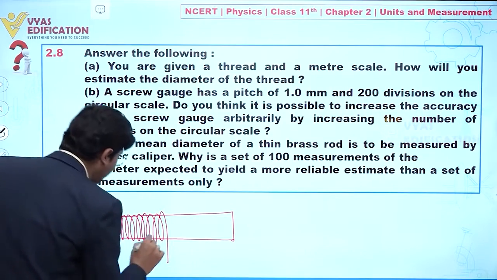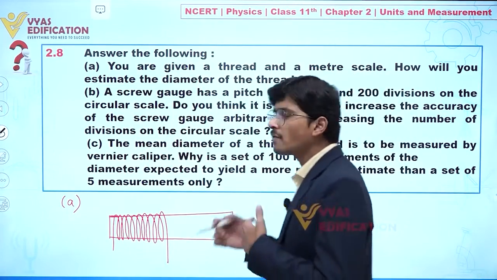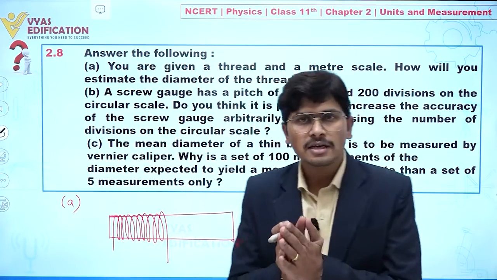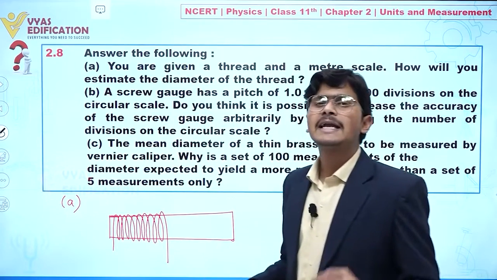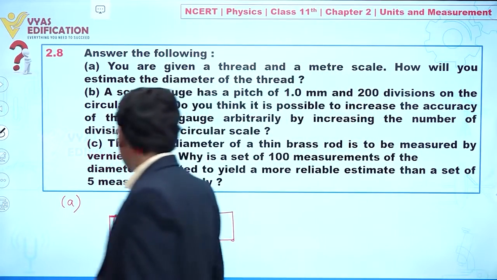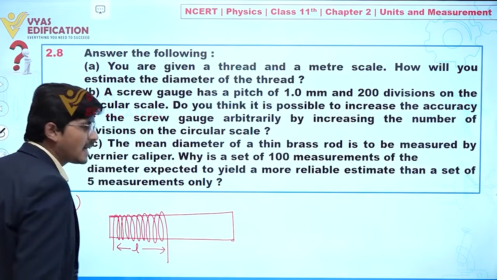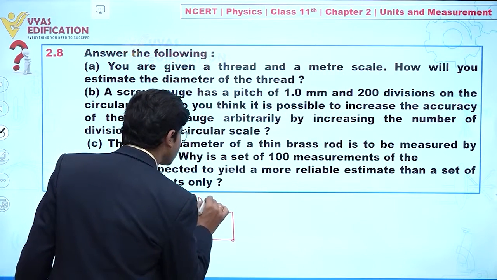This way you are forming a number of turns of this thread, and these turns are very close to each other. It means in two turns you are having a negligible spacing. So let's suppose I am saying this length is L, and let's suppose we have a total of N number of turns.